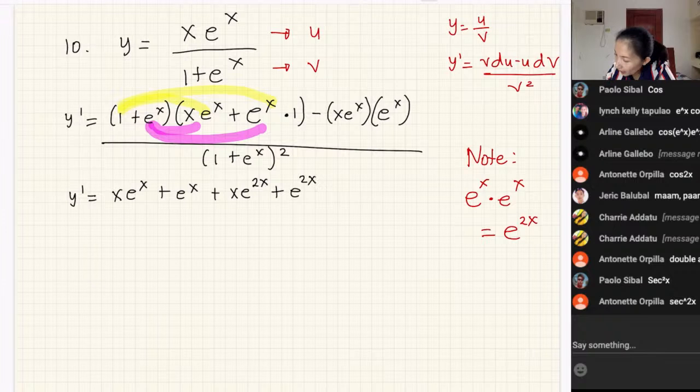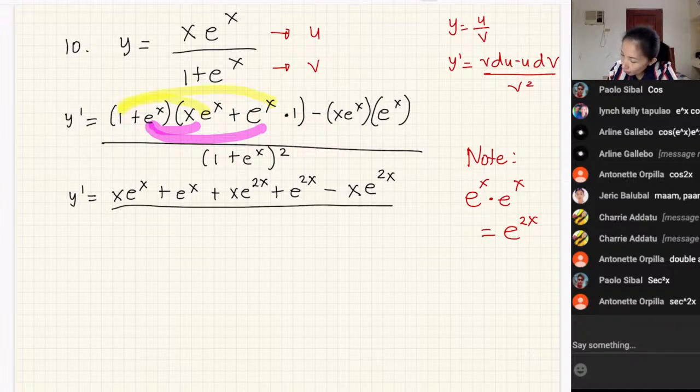Where did I get e raised to 2x? From here, e raised to x times e raised to x. Now we proceed to the next. You have minus x e raised to 2x all over the quantity 1 plus e raised to x raised to 2.